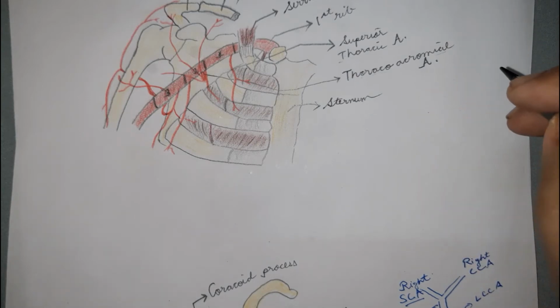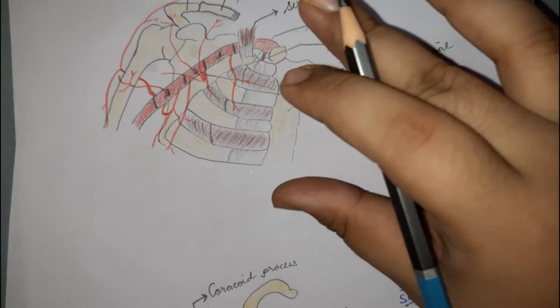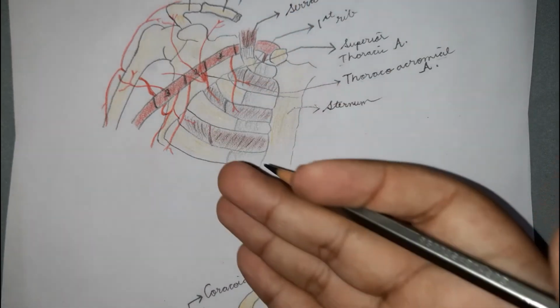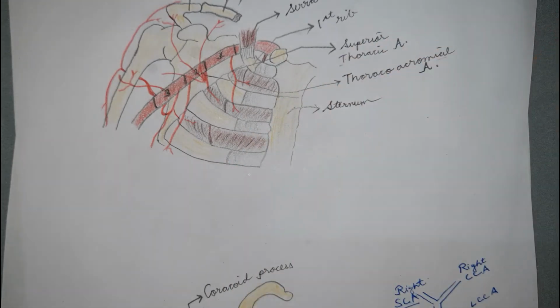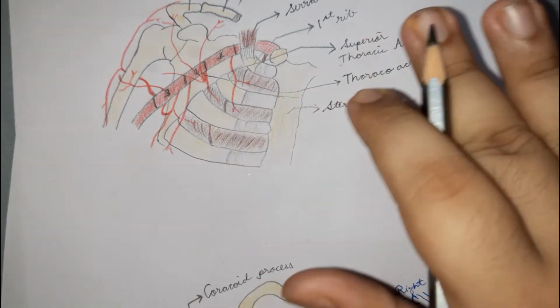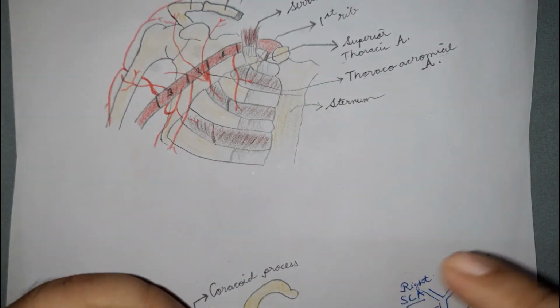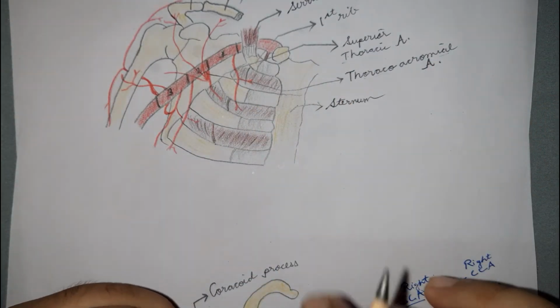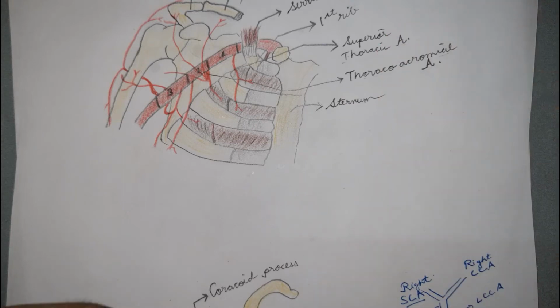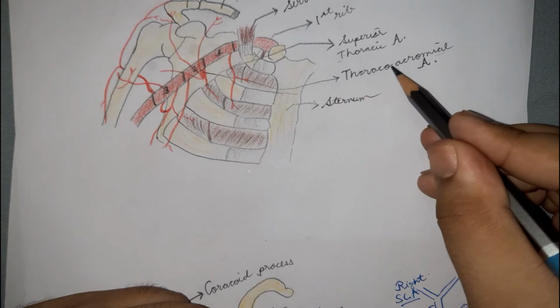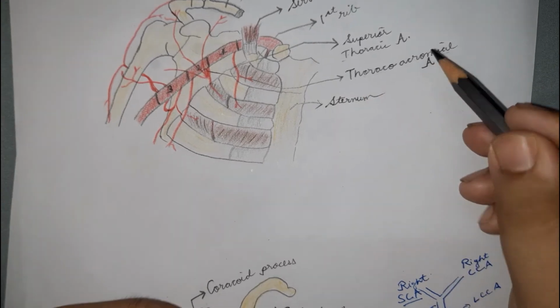When we move on to the relations section later on, we will talk about the clavipectoral fascia, although not in detail. It's a separate topic altogether. There we will see that a number of structures pierce the clavipectoral fascia. Very important to know. One of those structures is the thoracoacromial or acromiothoracic artery.